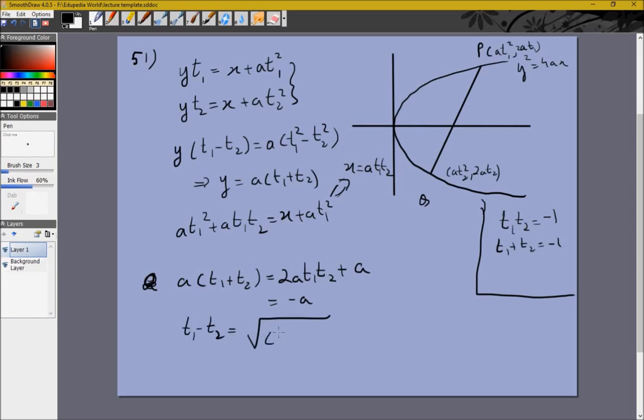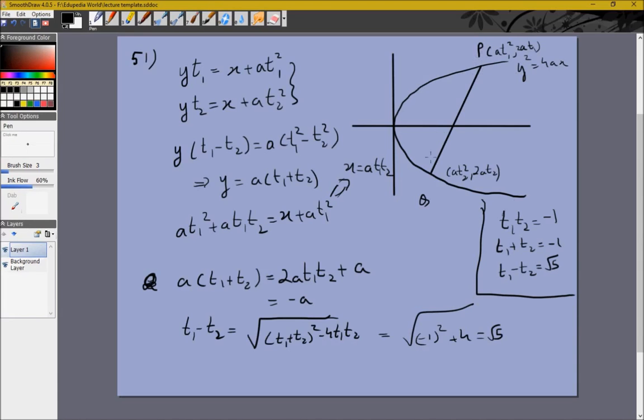That is equal to root of (t1 plus t2) whole squared minus 4 t1 t2, which is equal to root of (minus 1) whole squared plus 4, which is root 5. So t1 minus t2 is equal to root 5. This is the first part of the question.